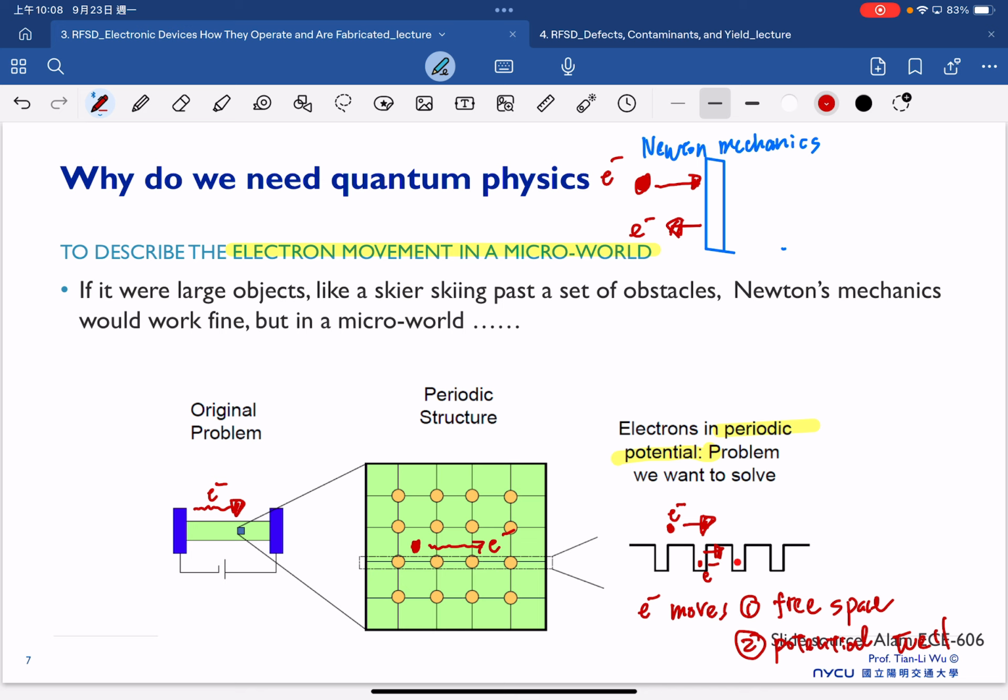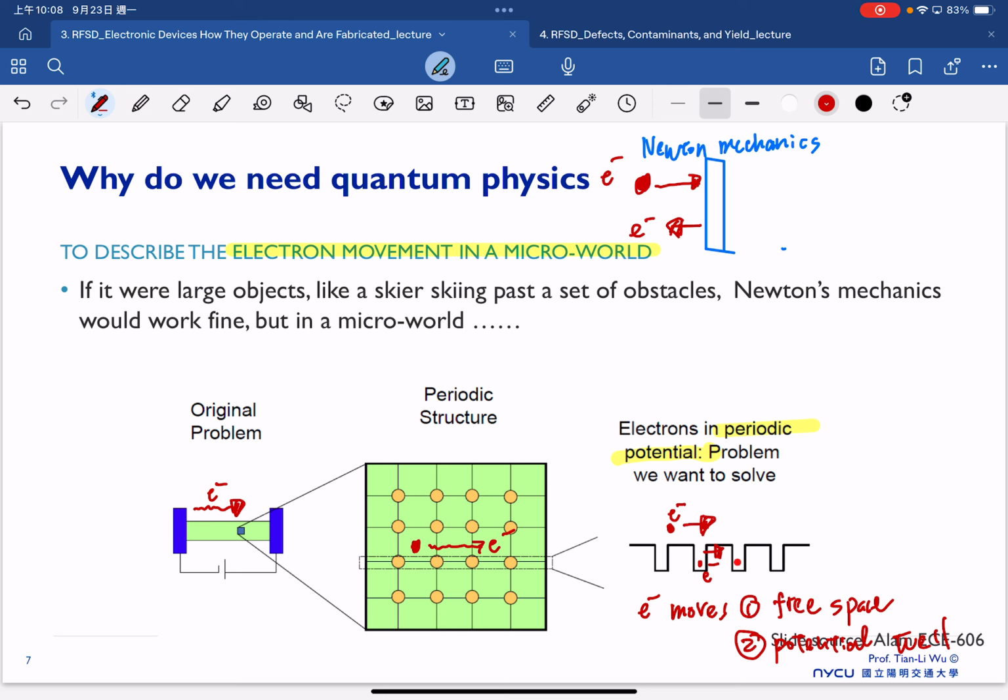But this is not enough for the semiconductor, because it will cause a lot of trouble, as we cannot explain what we actually observe in our semiconductor electronics.